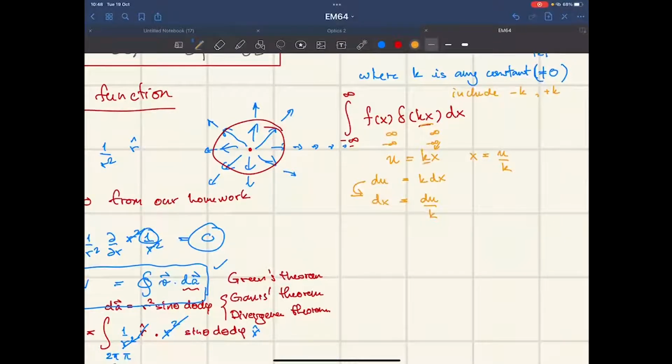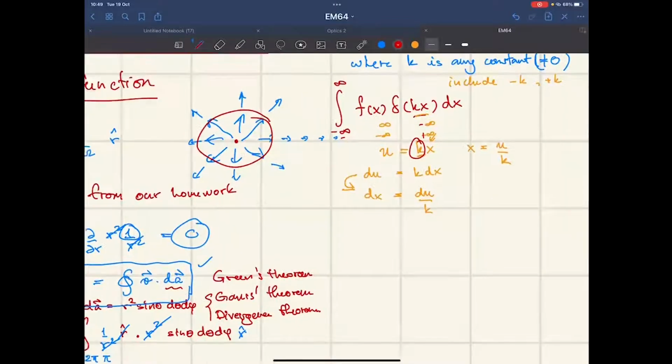But if k is negative, the sign changes, right? It becomes positive, and this thing becomes minus. So this is a little bit awkward here. So we want to confine our calculation. Let me put the absolute value so that we don't have to worry about the sign.